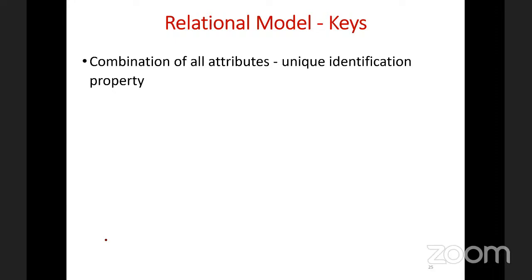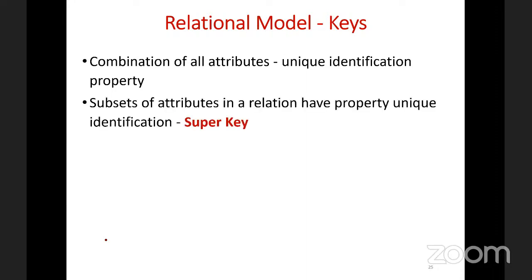Now we know that when we say every row is unique, it means that the combination of all attributes has the unique identification property. But in general, some subsets of attributes also have this unique identification property, and all such subsets of attributes are called super keys.